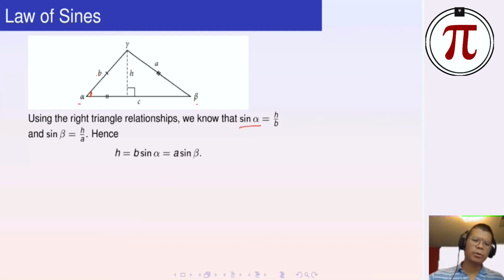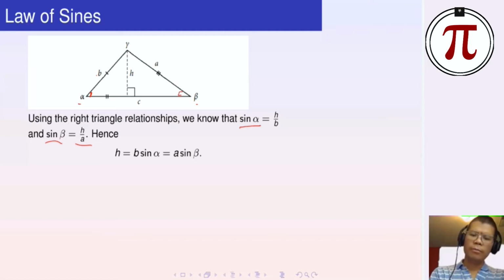Now similarly, for beta, sine of beta is h over a.